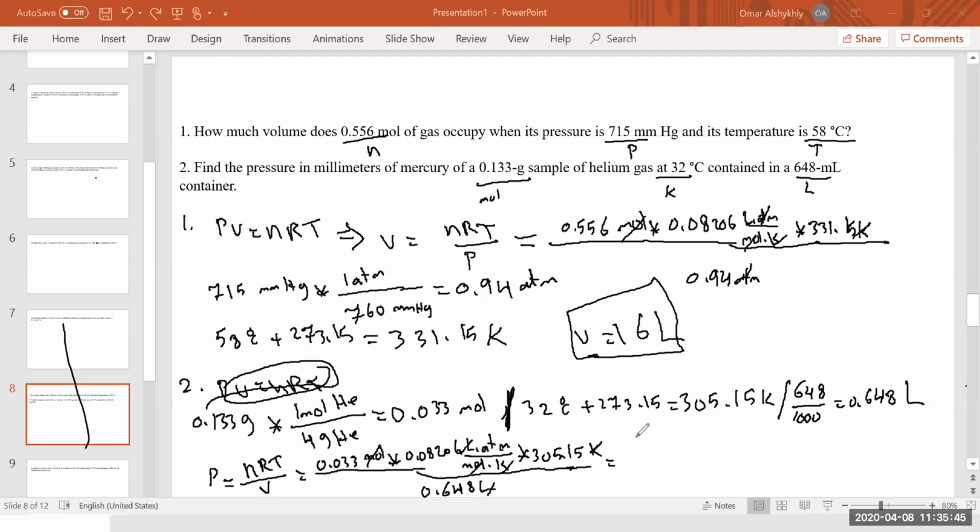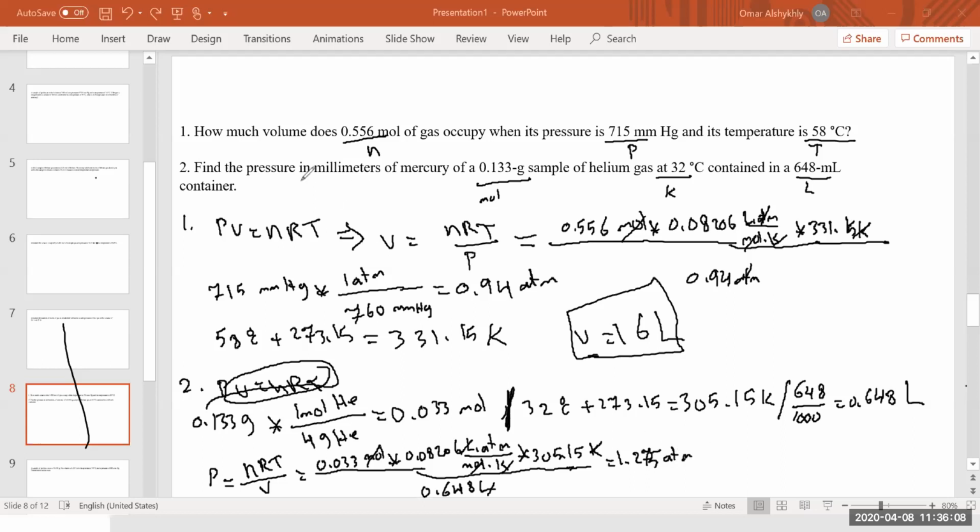0.033 times 0.08206 times 305.15 divided by 0.648. We will get 1.275 atmosphere.